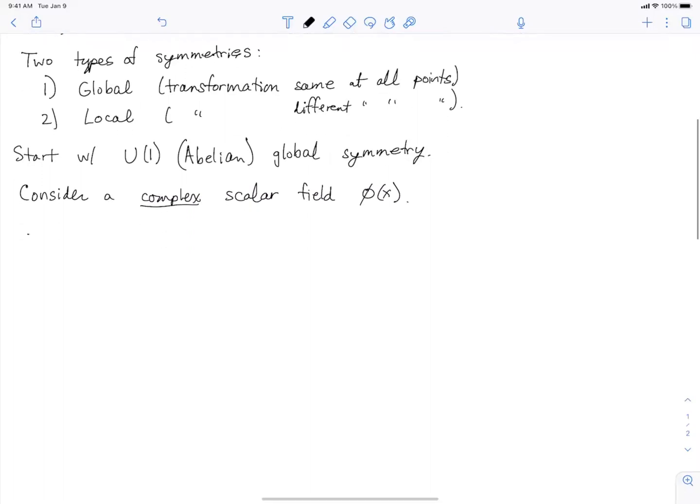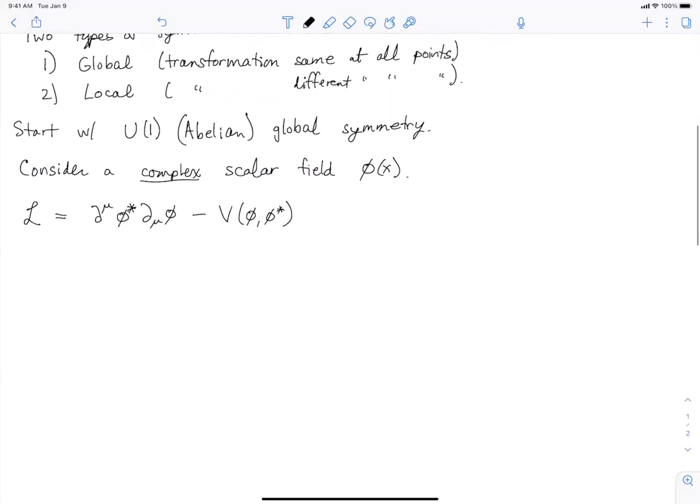And we know how to write down a Lagrangian for such a theory that's Lorentz invariant. So one way is ∂_μ φ* ∂^μ φ. That's our kinetic term. And then I could just write any potential that's a function of phi and phi star.